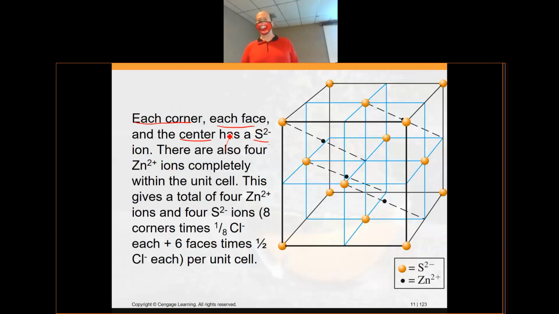All right, so you can look over here and you can see that, but it's easier to look it over here and say each corner, okay, 1/8 times 8, that's 1. Each face, 1/2 times 6, that's 3. And the center, which is 1. And so you have an S-2. All right, and so that would be your 5 S-2s.